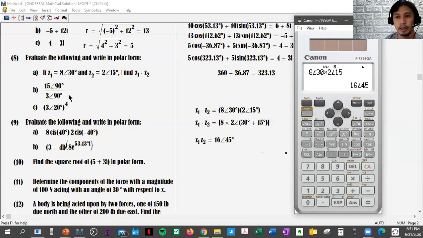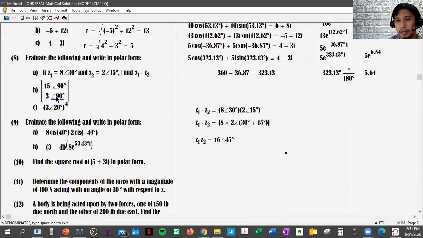So we can just evaluate this directly. Here, 15 angle 90 degrees over 3 angle, I'm going to change this to 60 degrees. So evaluating that, expect to have a result equal to 15 over 3.